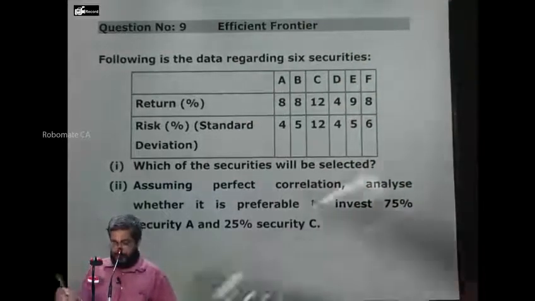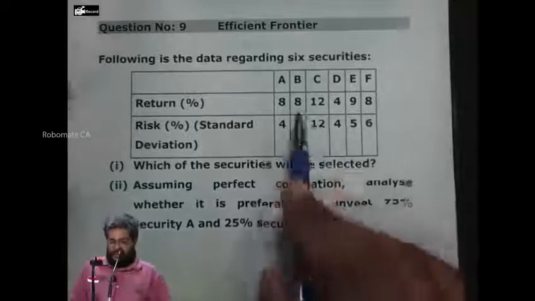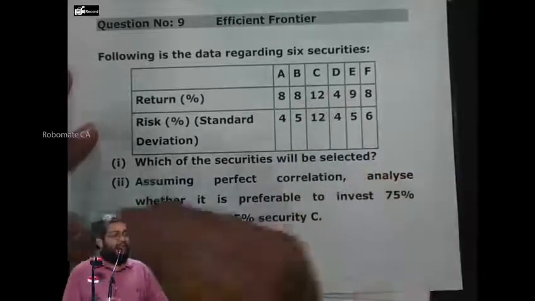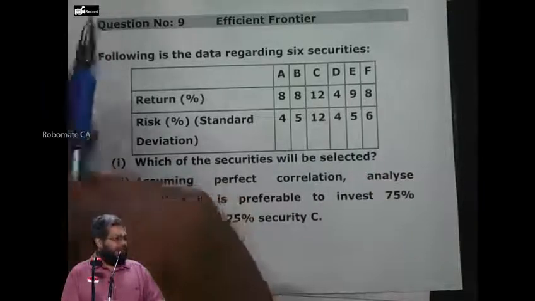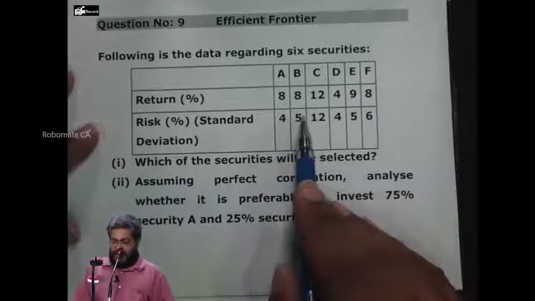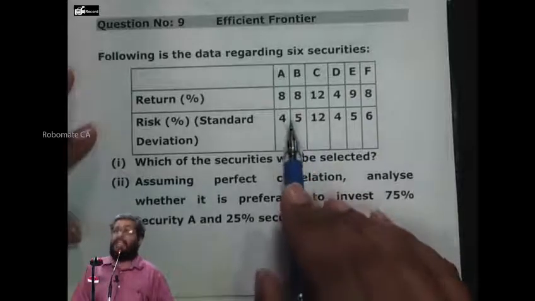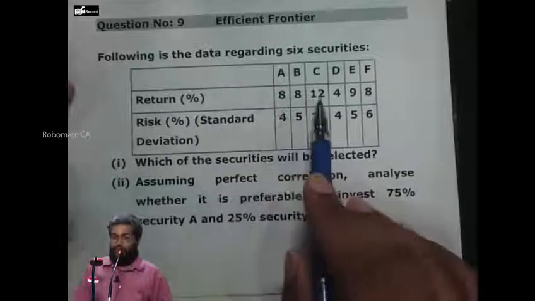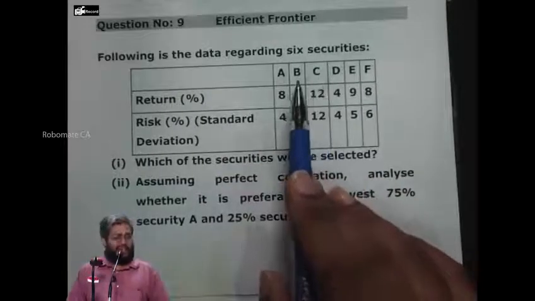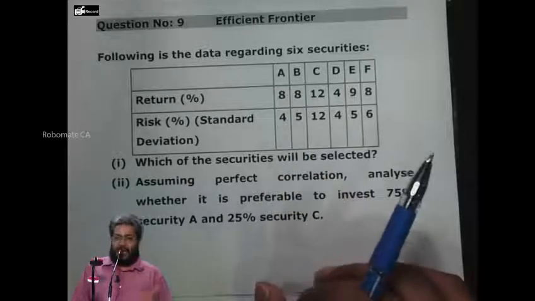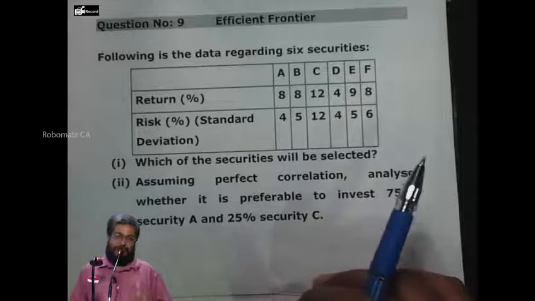Okay. Let us see which securities are efficient and which are inefficient. If I identify the inefficient ones, the remaining are what? Efficient. Tell me, security A is efficient or inefficient? All of you, tell me, what is an inefficient security? One for which there exists another that gives a higher return for a lower risk, a higher return for the same risk, or the same return for a lower risk.